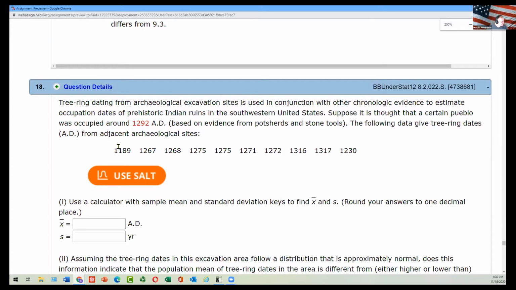And various pieces of wood came up with different years. The science is not perfect, right? There's always some wiggle room. So we want to find out what the mean and standard deviation is for this particular set of data. So I'll use SALT.